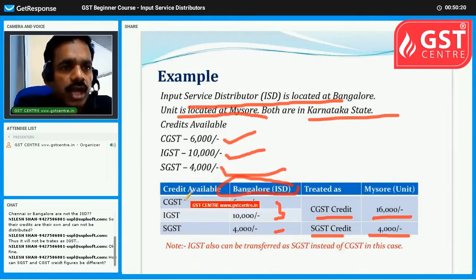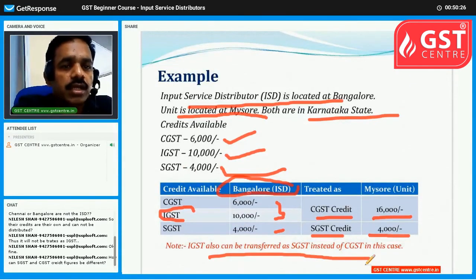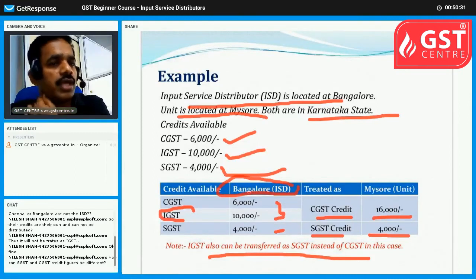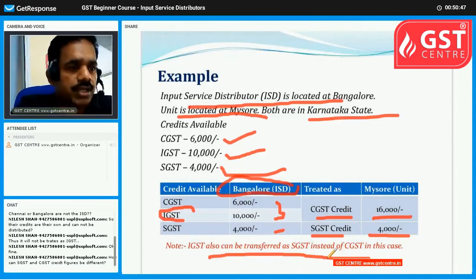I have a doubt, this IGST, yeah, it is there. IGST credit can be transferred as SGST credit also. Okay, so CGST credit should be allocated as CGST credit only to the unit, and SGST credit should be allocated as SGST credit to the unit, and IGST credit can be distributed as CGST credit or SGST credit.